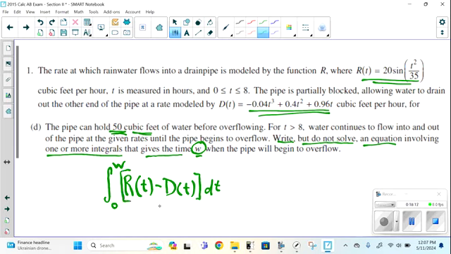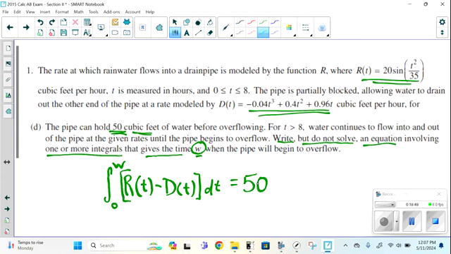There's going to be some point W that I can put in that upper bound to represent time, that the difference between the water coming in and water coming out, because there's more and more water coming in, will equal 50. Because once it gets at that point, it will begin to overflow because there's only 50 cubic feet of space in there for the water.